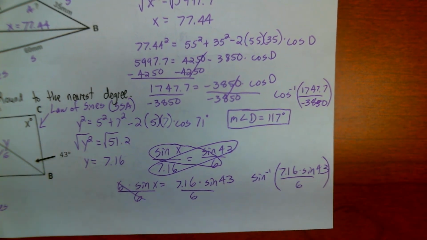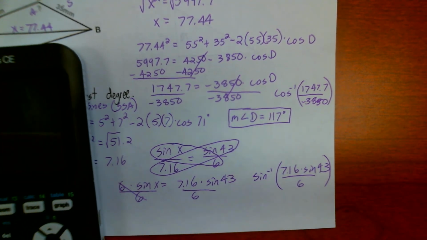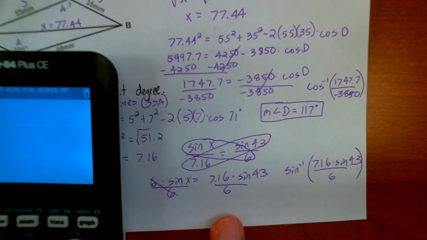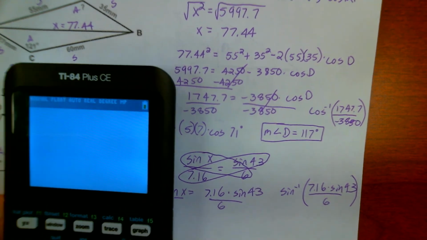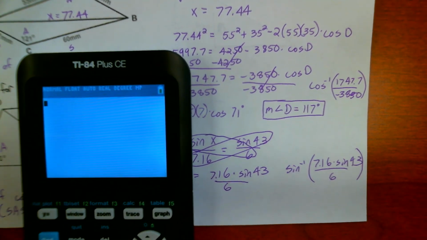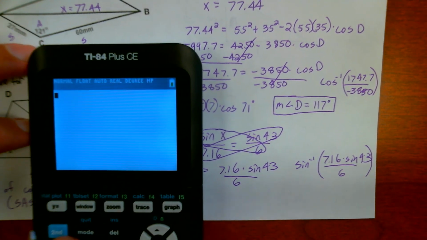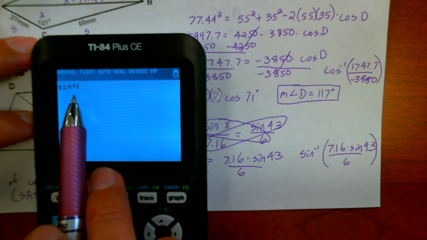If we want to do this in one step, the first time I did this back up top, I went ahead and got a decimal and then took the inverse sine of that. If we want to be a little bit more accurate, I can do inverse sine, second, inverse sine of, and you already see we got one set of parentheses.